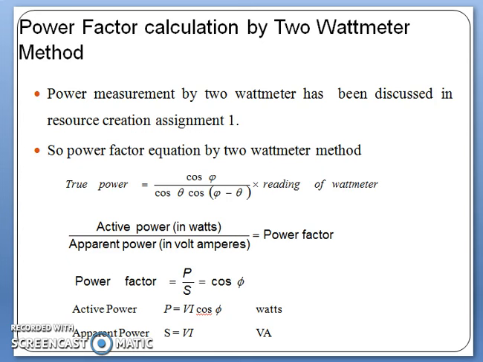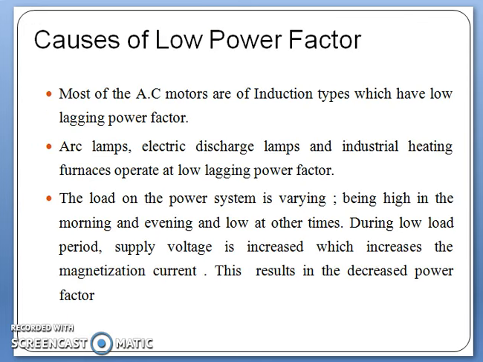The power factor equals cos phi divided by cos theta, multiplied with cos of phi minus theta, whole multiplied with the readings of the watt meters. So we can say that the power factor equals active power divided by apparent power, and some other basic equations are also given in this slide.